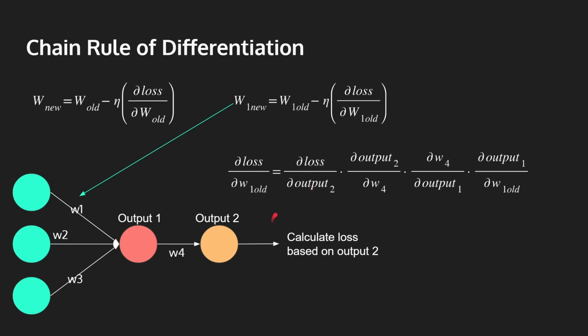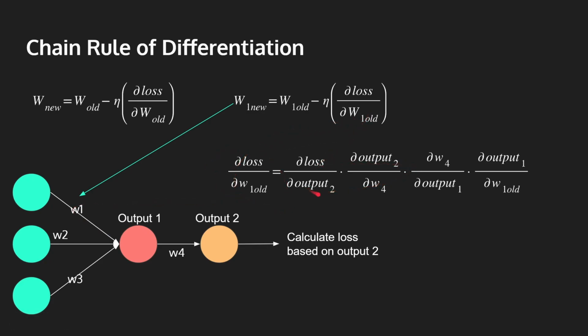We're taking the derivative of the loss with respect to output 2, because the loss depends on output 2, and we are multiplying by the derivative of output 2 with respect to output 4, because output 2 depends on output 4, and then output 4 depends on output 1, and output 1 depends on the old weight here, and that's how we can calculate this.